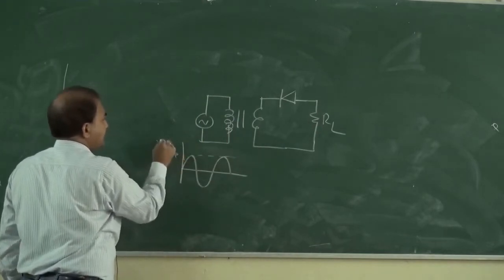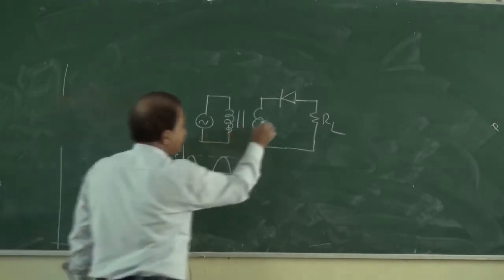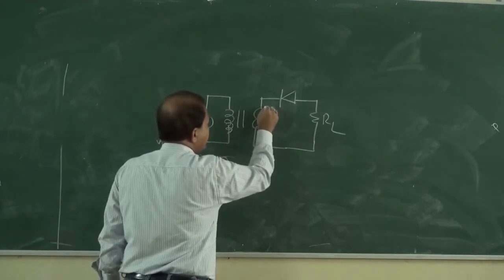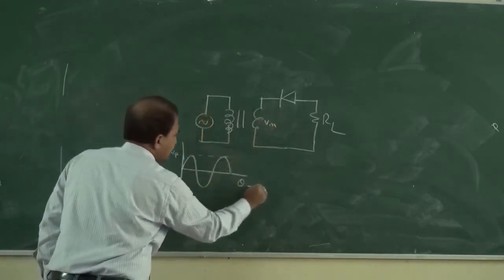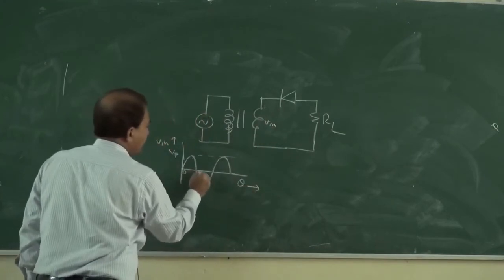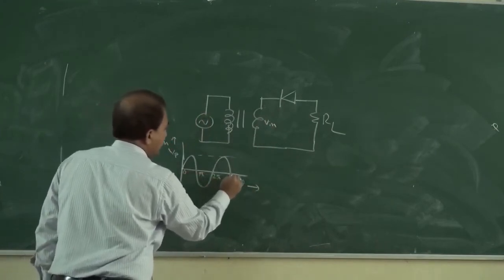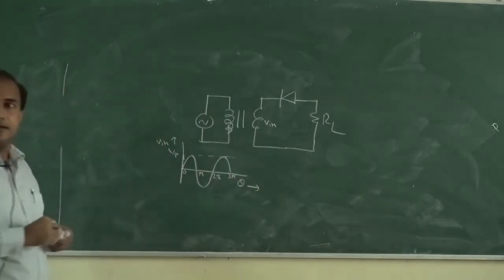Suppose this is V peak and this is V in, and this is theta, 0, pi, 2 pi, 3 pi, like this.